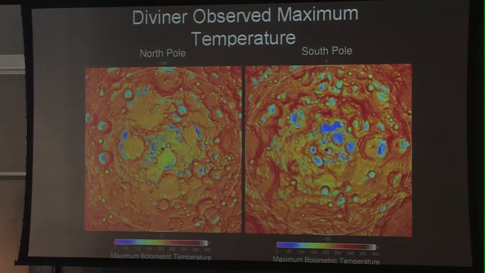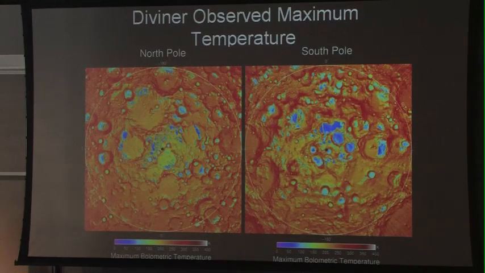And so surfaces that are tilted towards the equator can become very hot in the polar regions, as much as 350 Kelvin. But surfaces that don't receive direct sunlight can get very cold. And you can see here that there are some places where the annual maximum temperature never gets above more or less 50 Kelvin.